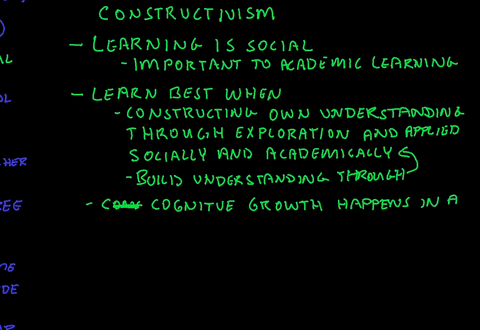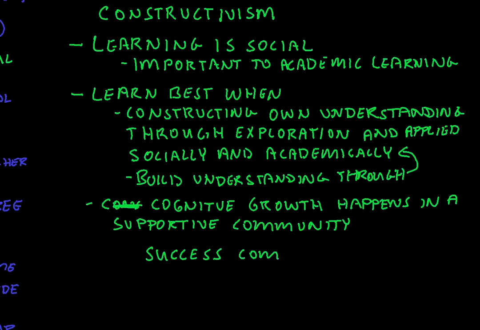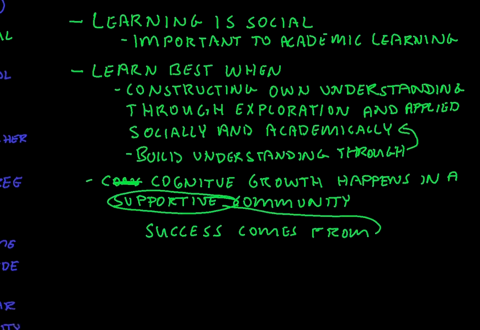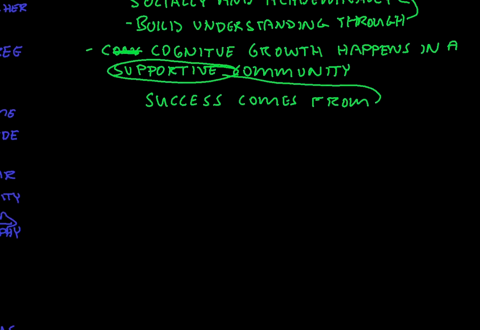You need a supportive community for that to happen. And so that's what this is really about, is we are trying to get the greatest cognitive growth. That's our language. In student language, that's success. We're trying to get the greatest success. And to do that, you really need a supportive community to do that. That's a basic principle of the responsive classroom or developmental designs.